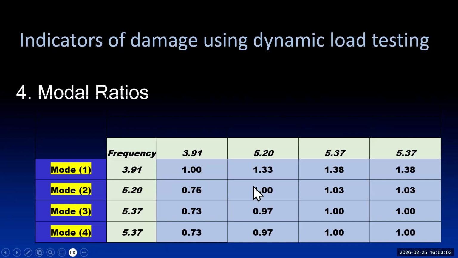And we then look at the ratio of them and we compare these ratios as time goes by. Because very often, if we find a problem which particularly affects mode 2, for instance, the ratio between mode 2 and mode 1 will change. It will also tell us where the problem occurs as well.